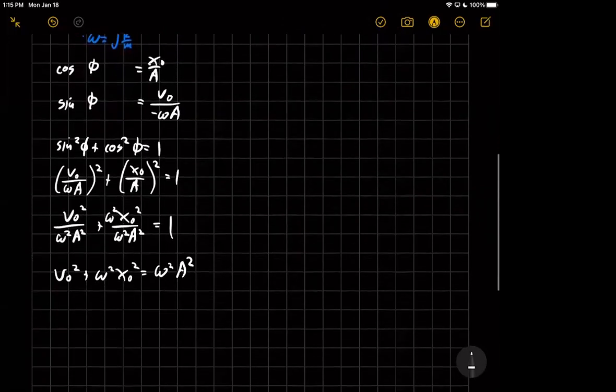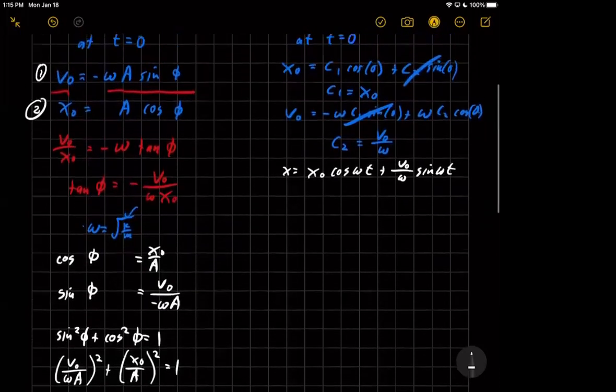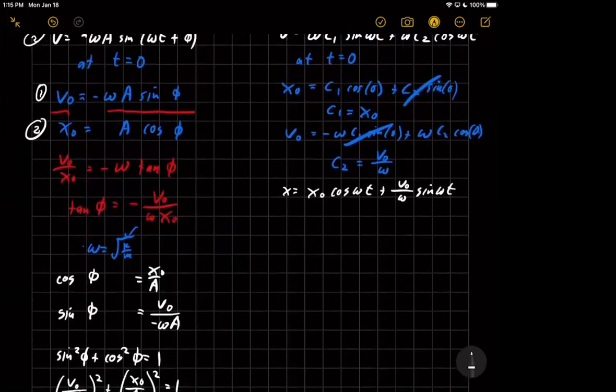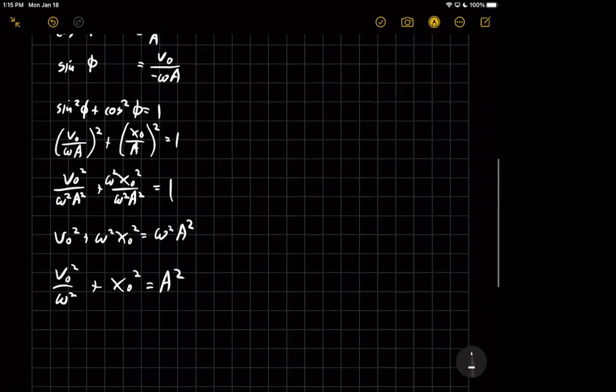Now, if I divide both sides by omega squared, I end up with this. And if we look closely at what we had before for C1 and C2, X naught was C1, and V naught over omega is C2. So I could say that A is equal to the square root of X naught squared plus V naught squared over omega squared.